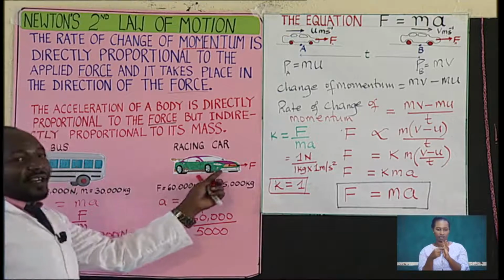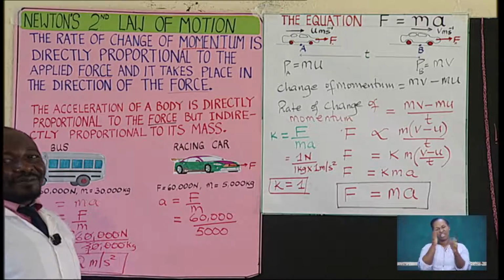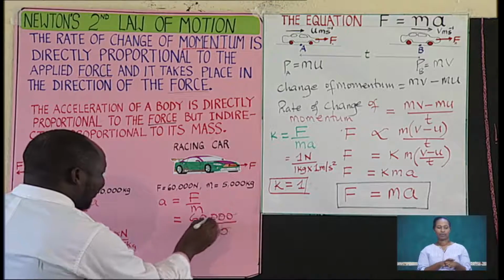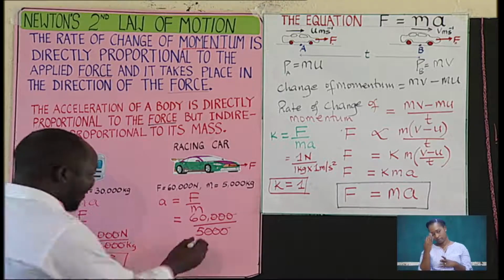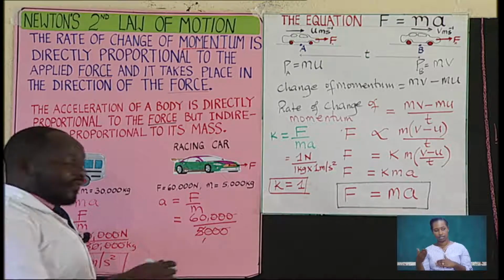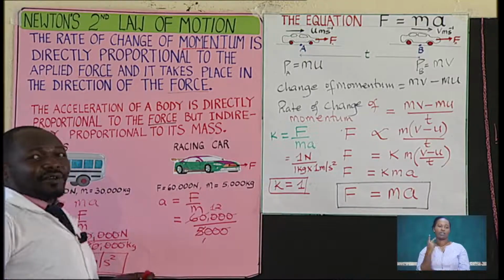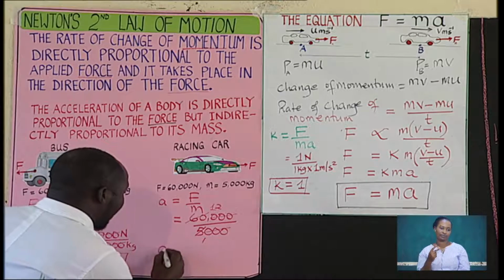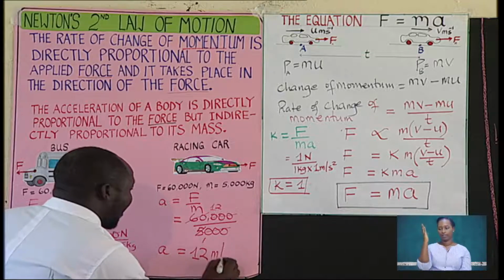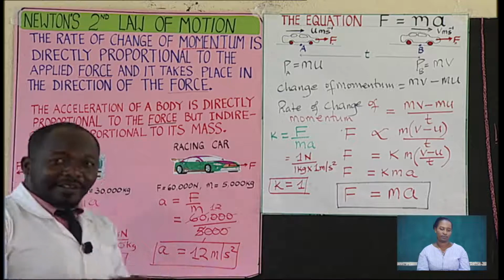Of course, a car is lighter than a what? A bus. Not so? Lighter. Again, the 3 zeros will cross out those 3 zeros. This will be 1. What do you multiply by 5 to get 60? If you check very well, you will find 12. So acceleration is going to be 12 meters per second squared.